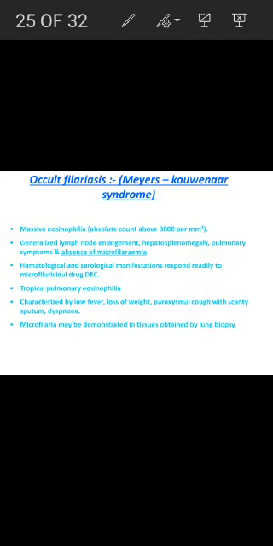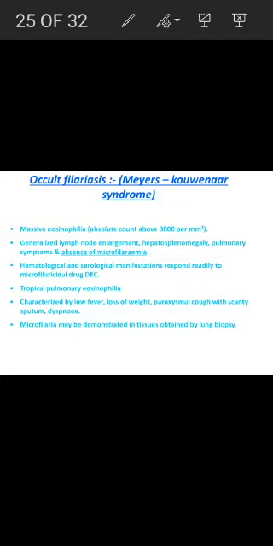Generalized lymph node enlargement may be seen, hepatosplenomegaly, pulmonary symptoms, but there are no microfilaria. At that time, you might have suspected filariasis but you are not able to demonstrate the microfilaria, so you have to sample the blood during the night time, due to the nocturnal periodicity of the microfilaria.